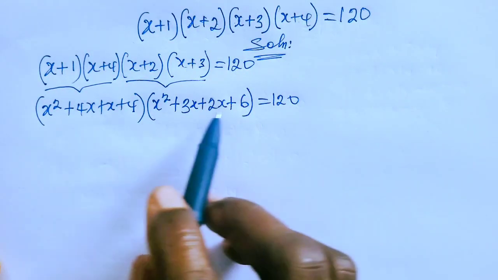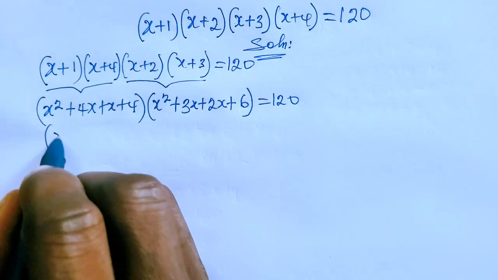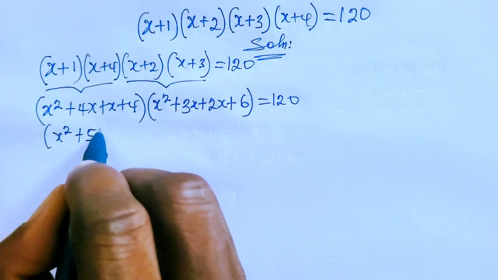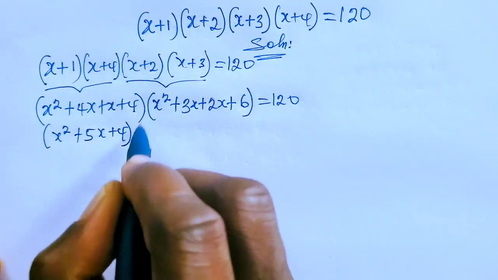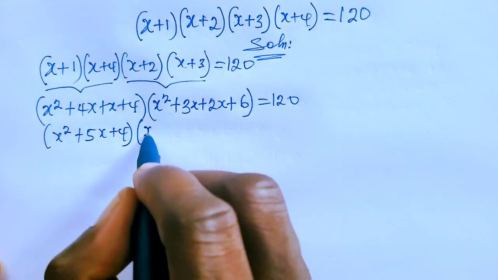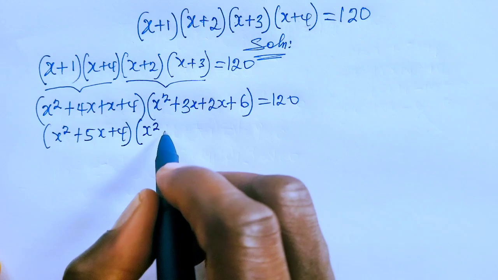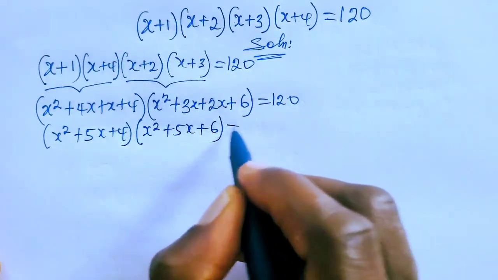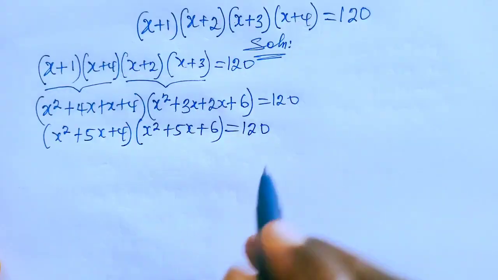Now if you simplify this further, you're going to have (x squared plus 5x plus 4)(x squared plus 5x plus 6) = 120.